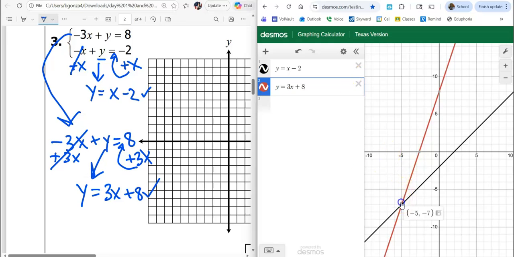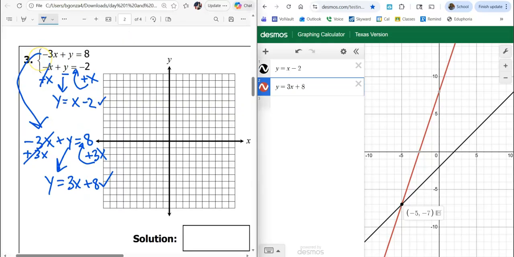And then click where they cross. And what is our answer? All right, -5, -7.